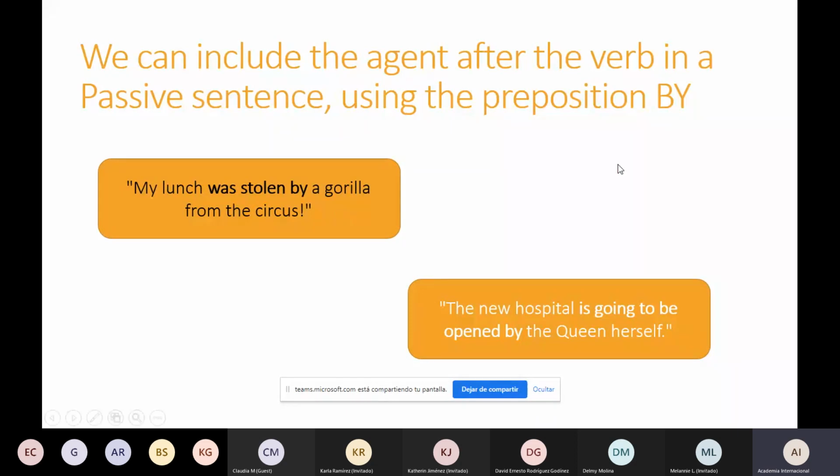Okay. The new hospital is going to be opened by the queen herself. Si notamos, by es utilizado luego de la acción. Sorry. Stolen or opened in this case.